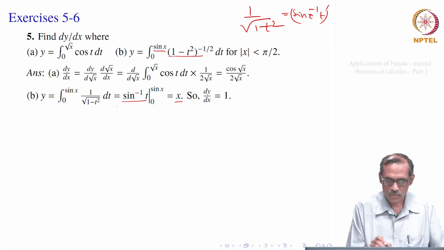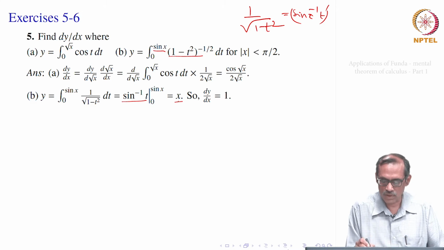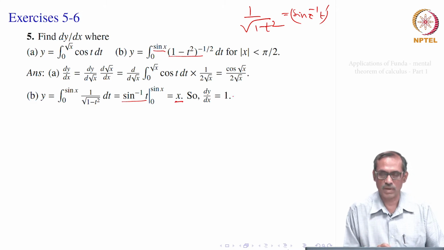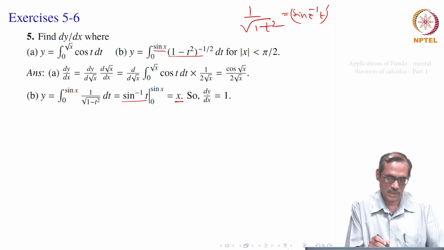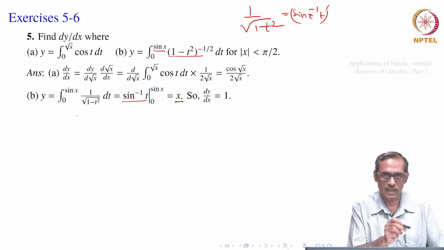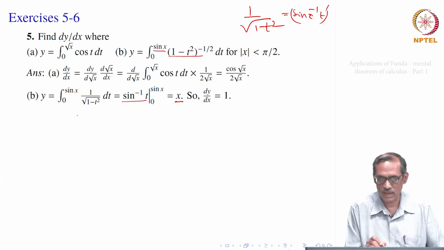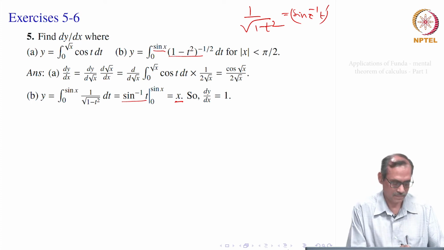So, what we get is y is equal to x, therefore, dy by dx equal to 1. You can do otherwise also, but that will be slightly complicated here, because you have to write d of dx of sin x, and then this will be 1 divided by square root of 1 minus sin square x, that gives you 1 by cos x, and that cos x will be cancelling, that will also give you 1. Okay.